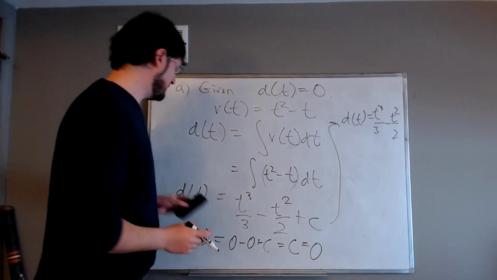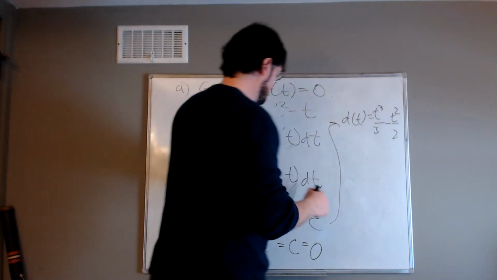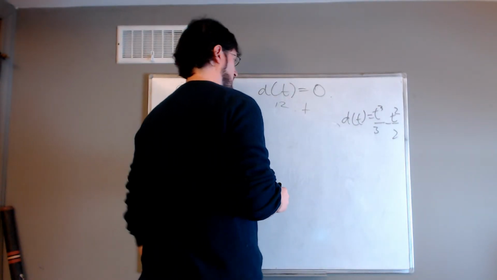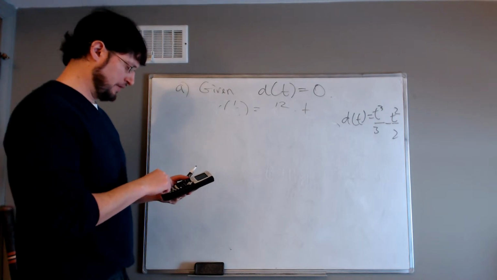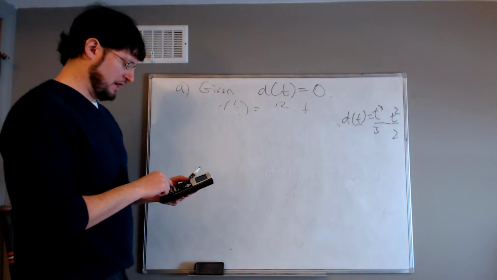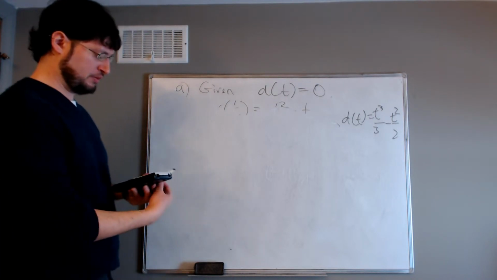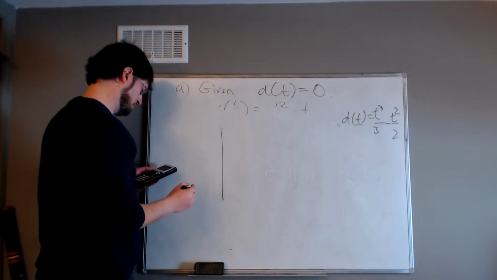Okay, now let's be careful, right? Because let's graph this displacement. I'm not going to put this on the screen, but if I were just to graph this function, t cubed over 3 minus t squared over 2, this is what it looks like.